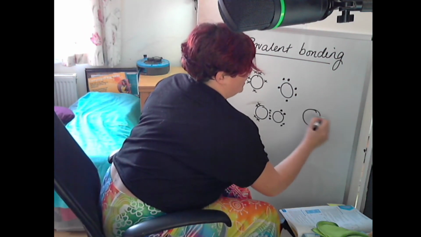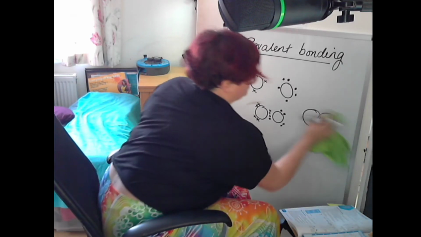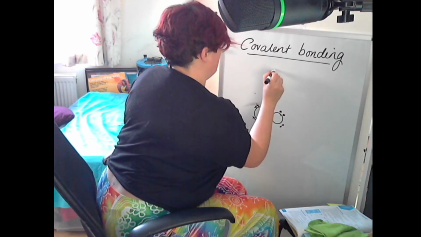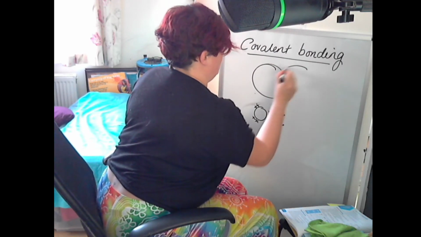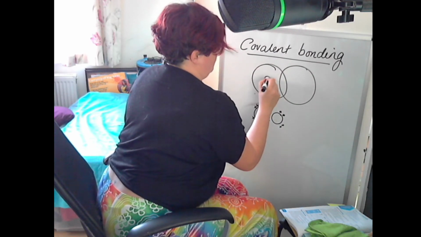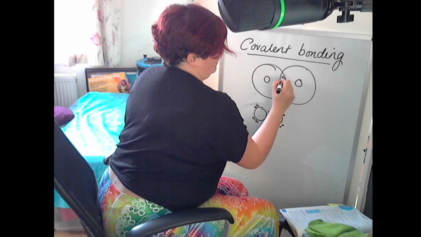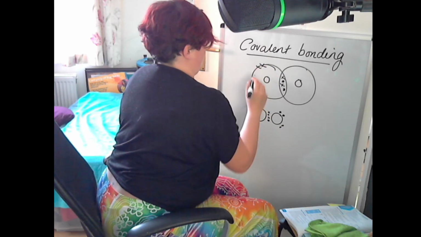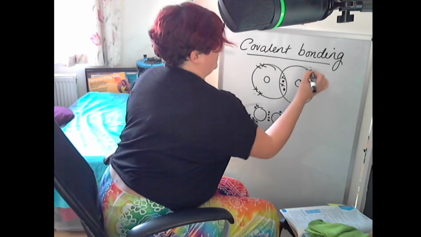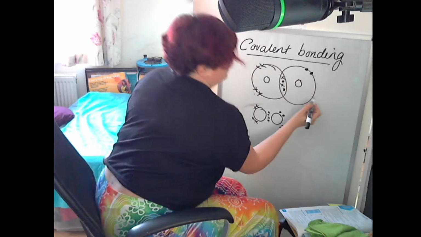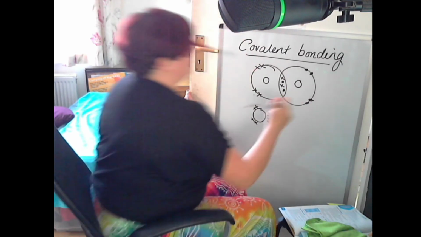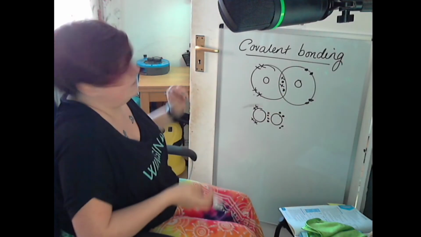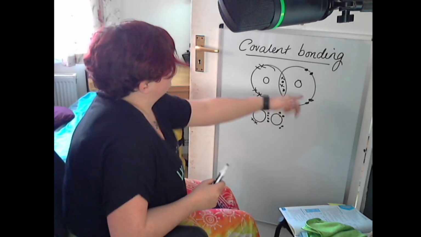So if you were to draw that as an overlap, if you overlap it, what you'll have is 1, 2, 3, 4. So you've now got 2, 4, 6 plus your crosses 8, and 2, 4, 6 plus your dots 8.